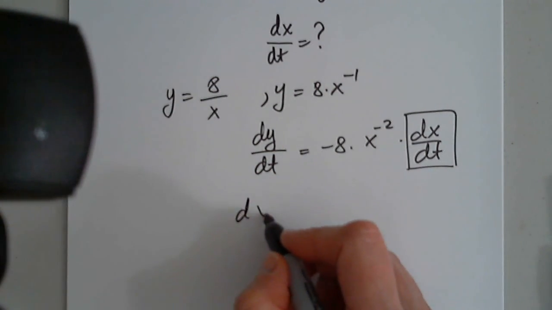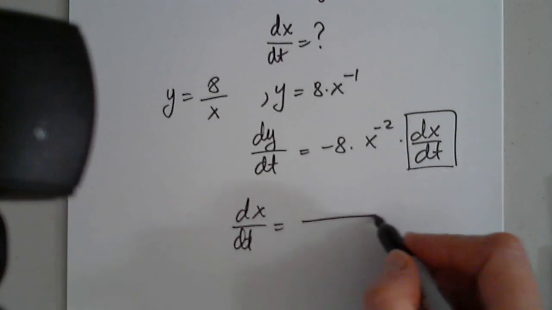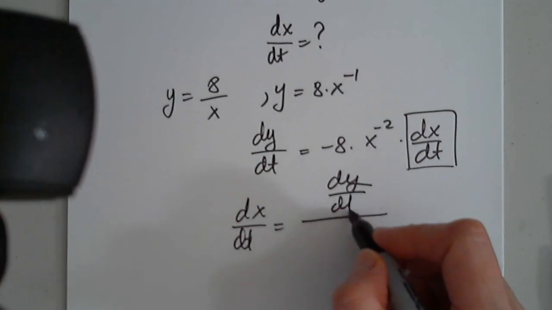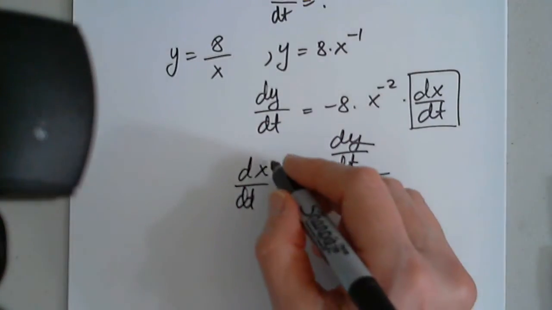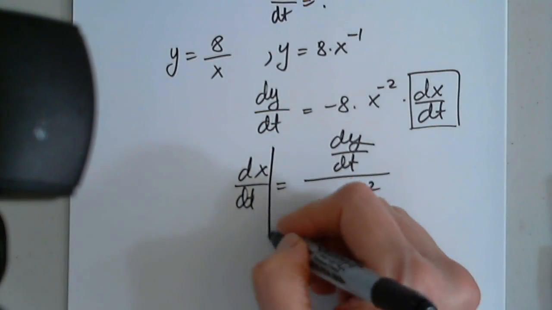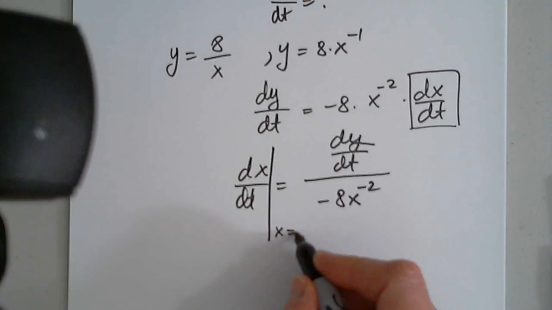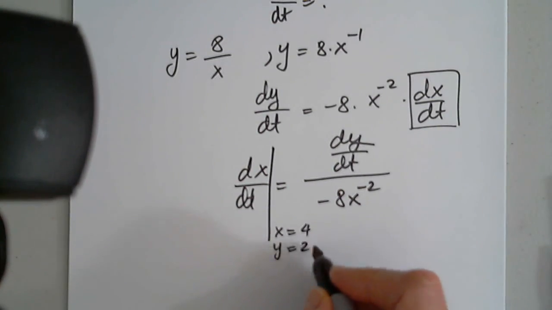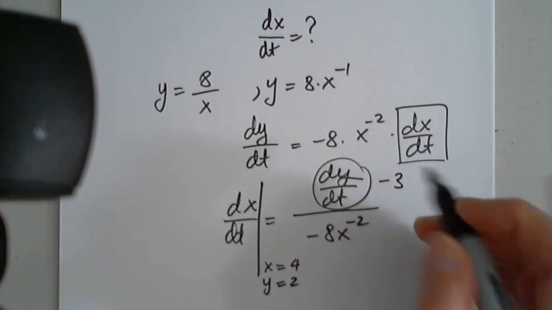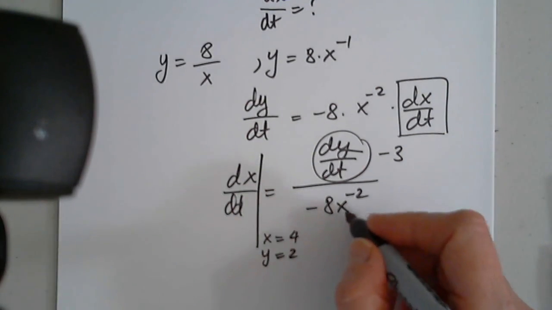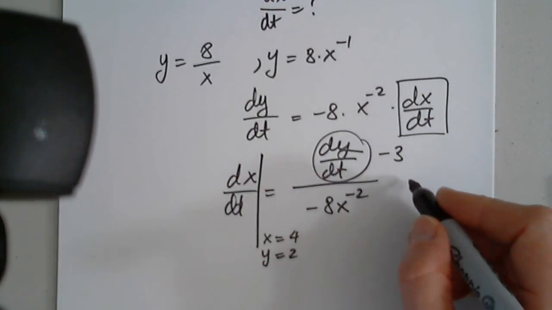So you have dx over dt equals dy over dt divided by negative 8x to the negative 2. And now you will be plugging in when x is 4, y is 2, and dy over dt is -3. So this is -3, and this is 4 to the -2.